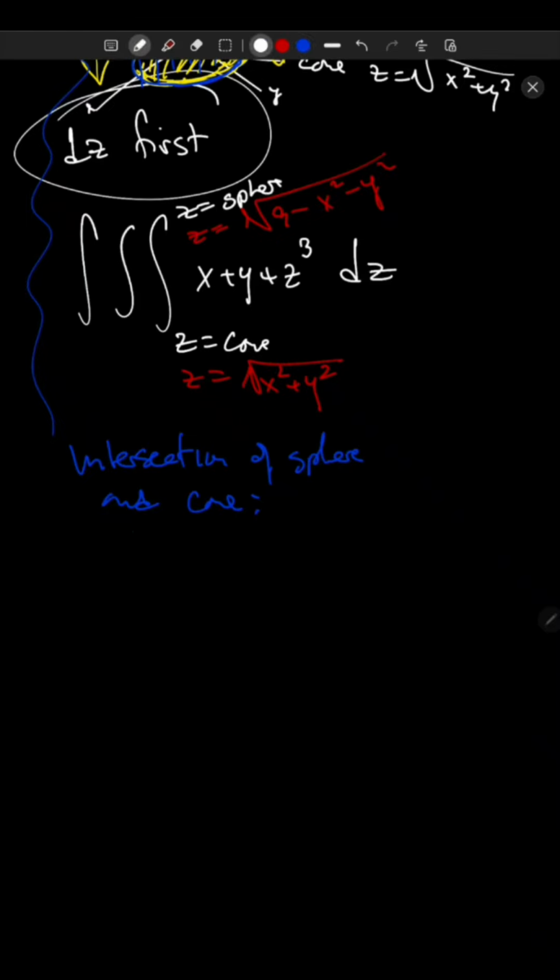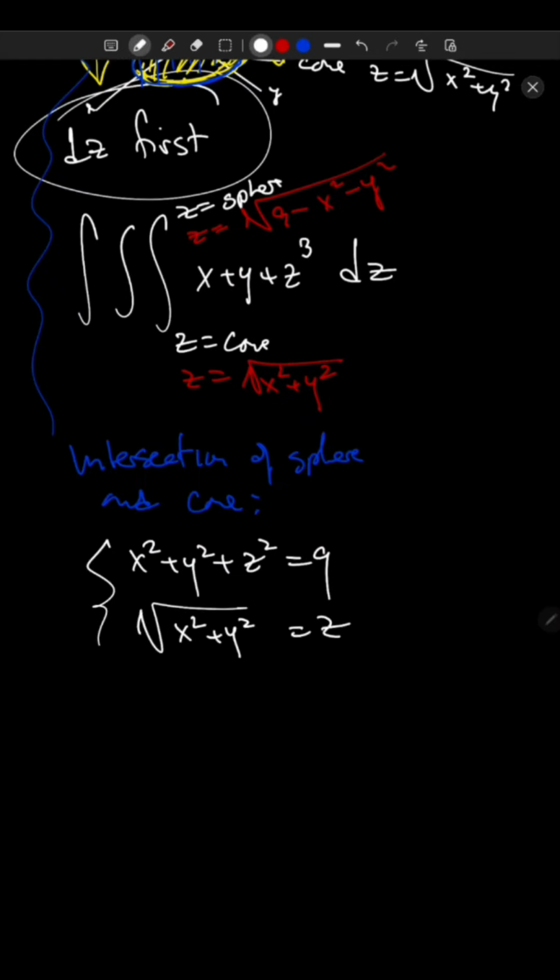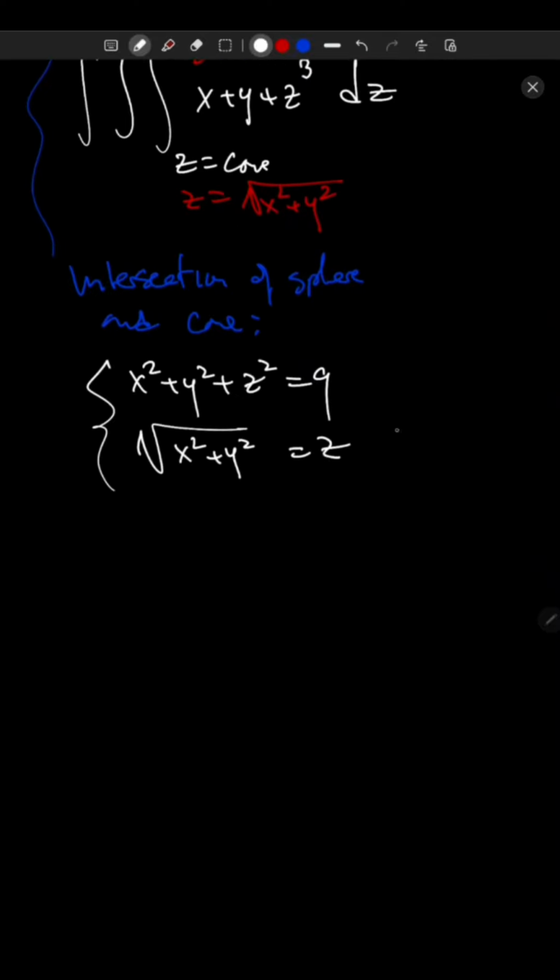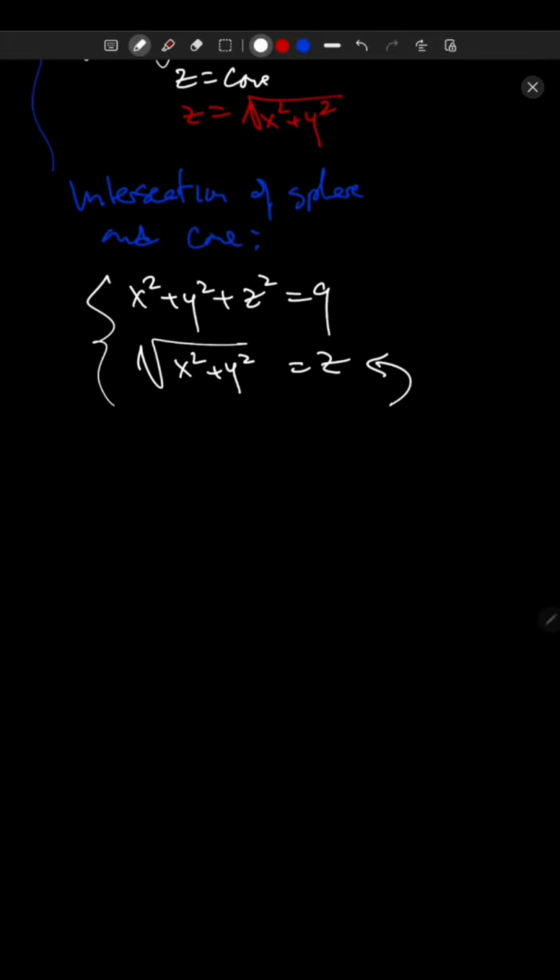Again, our sphere is x squared plus y squared plus z squared equals 9. Our cone is the square root of x squared plus y squared equals z. So the intersection is where both of these are true. The square root tells me z squared is equal to x squared plus y squared.